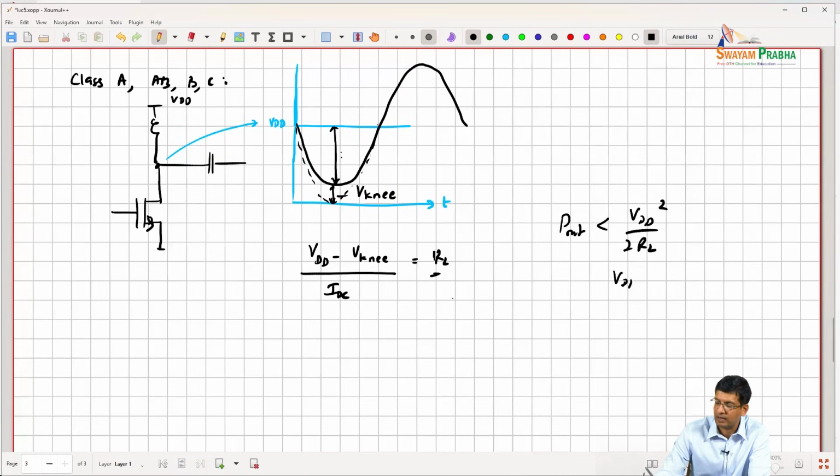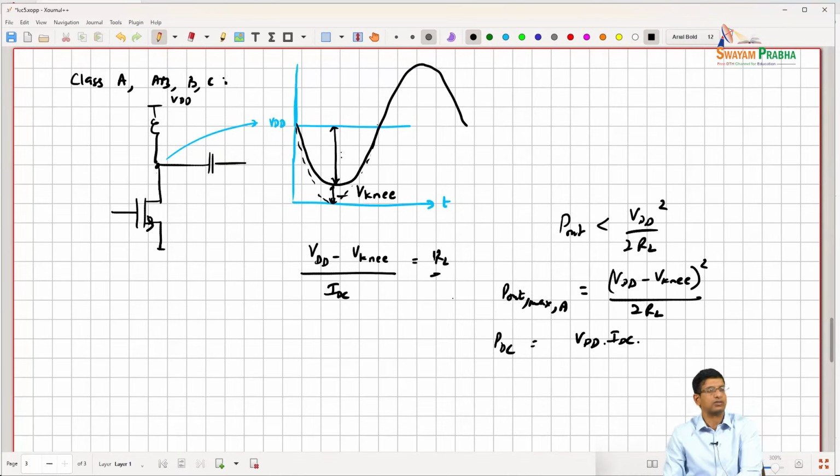It is now actually VDD minus V knee squared divided by 2 RL, right. That is the maximum output power in the class A design. But your PDC is still VDD times IDC, right. So what you find is that your efficiency becomes less than the theoretical 50% because of the existence of this knee voltage, and this happens in class A, class B, or any linear PA design.